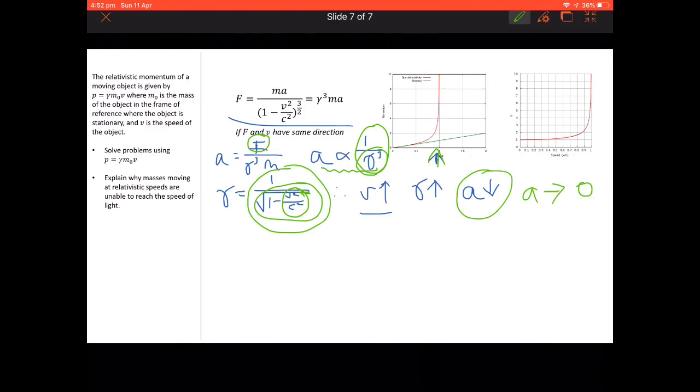And this point occurs when the relative velocity, v, becomes equal to c, the speed of light. So hopefully that explains why masses moving at relativistic speeds are unable to reach the speed of light.